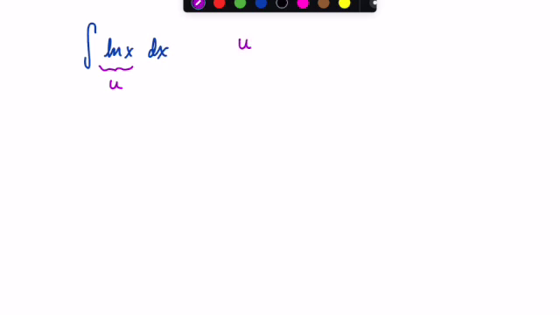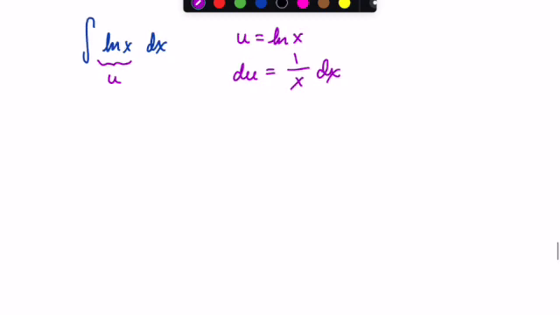Remember the derivative of natural log of x? I keep saying antiderivative. I don't mean to. It's 1 over x dx. And that is a little bit simpler than natural log of x. And that means this dx is dv.